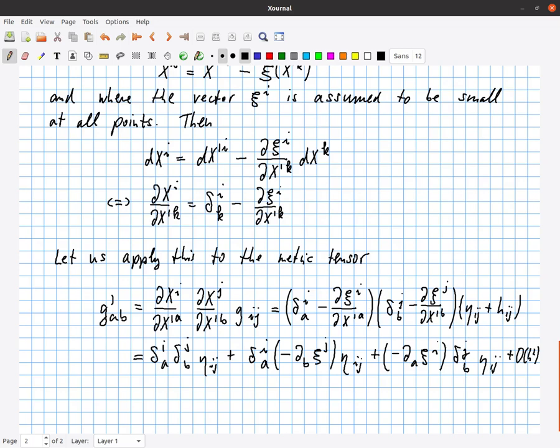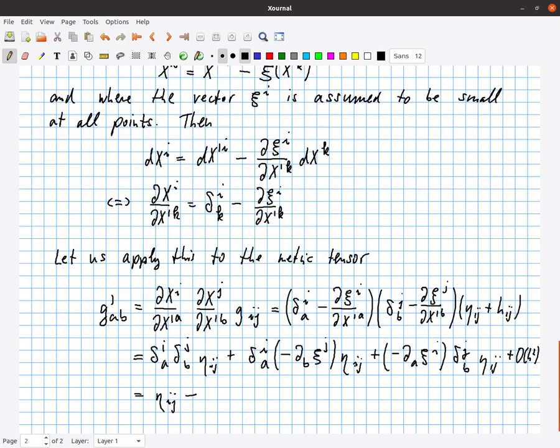So for instance, you could have a fourth order term where you have partial psi h. That must be third order. So we're only interested in the linear terms, which means here the two deltas change this to an eta ij, minus the I becomes an A here, and then we can just lower the index down.